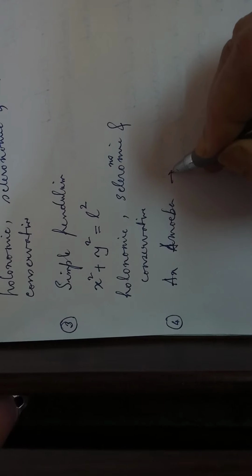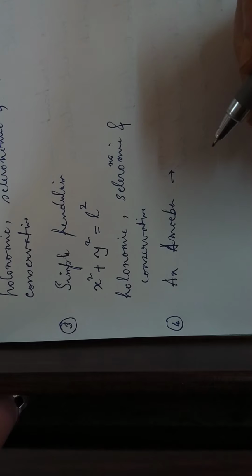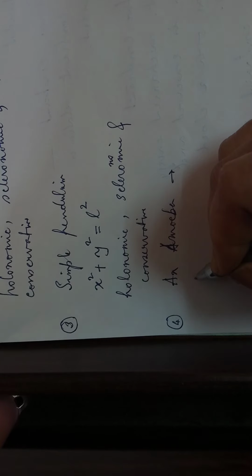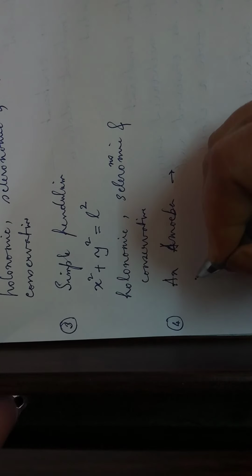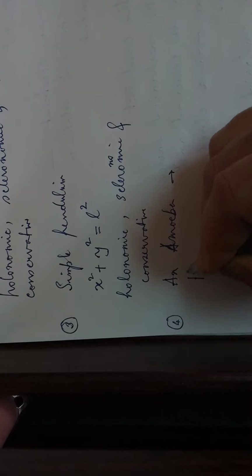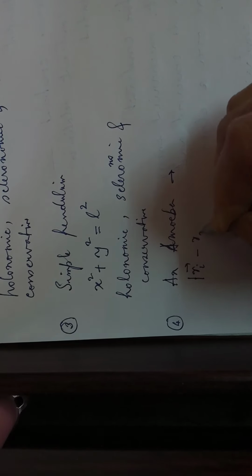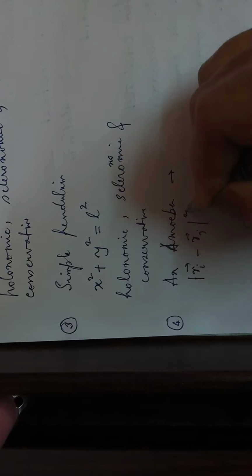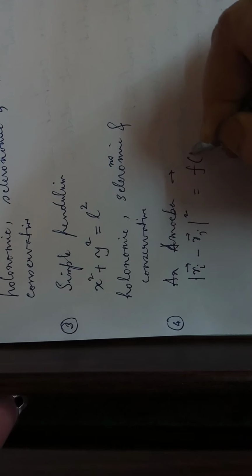If you take the example of an amoeba, how would you write down the corresponding constraint equation? For a deformable body, it is now not rigid, isn't it? So you will say that the distance between any 2 points, Ri minus Rj whole square, is some function of time.